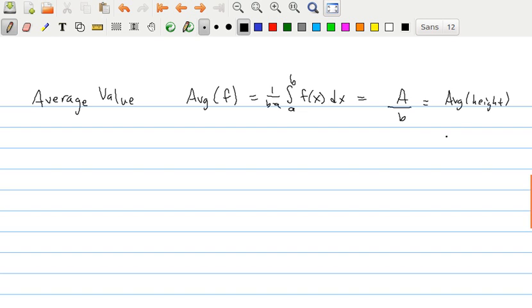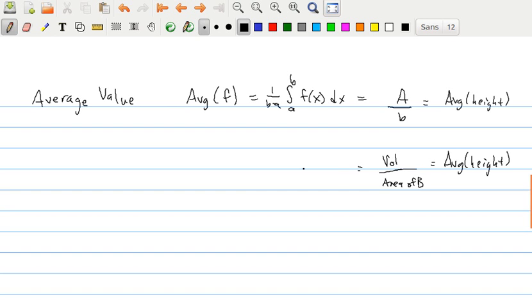So that's the idea here. Now if we take this idea and try to extend it into a third dimension, the average height should be the volume of a region divided by the area of the base.